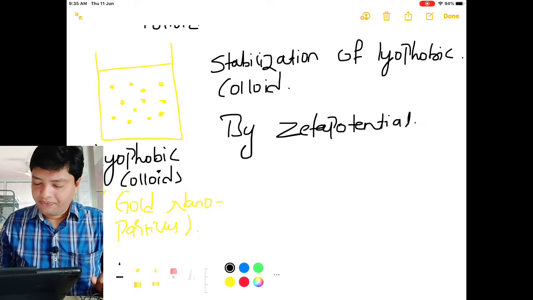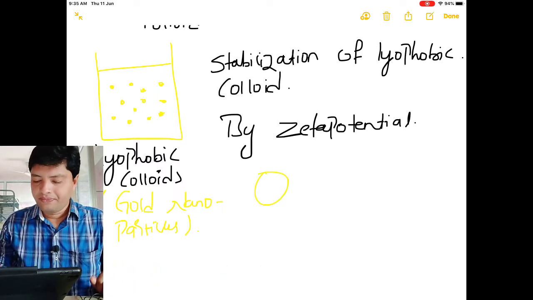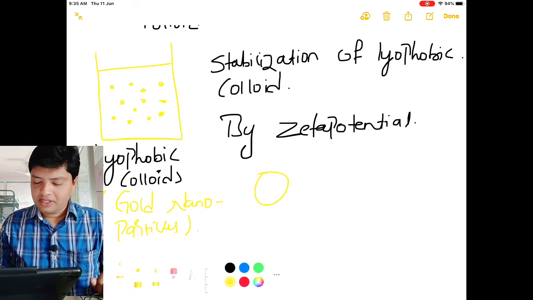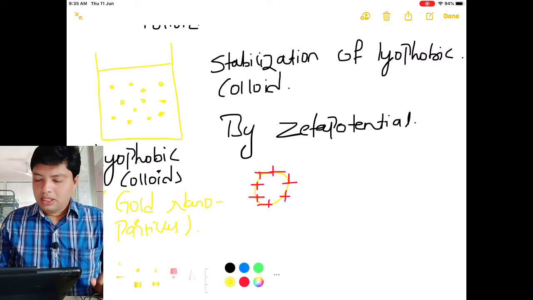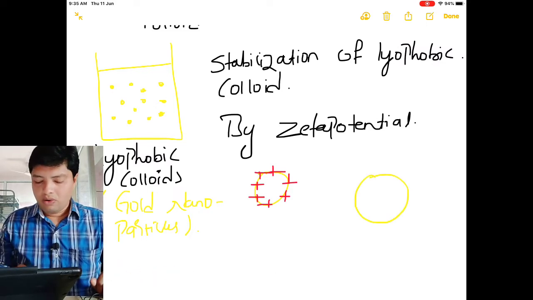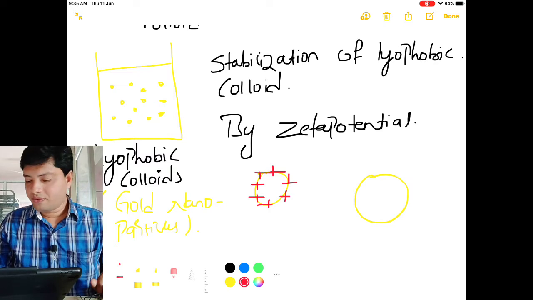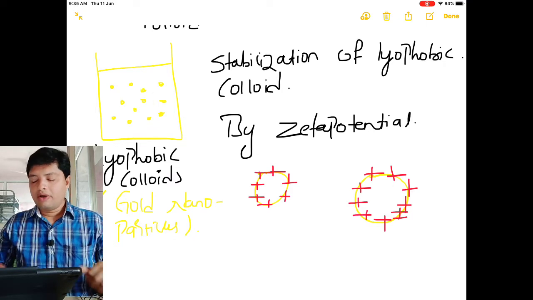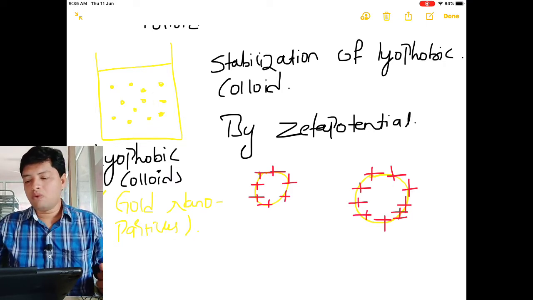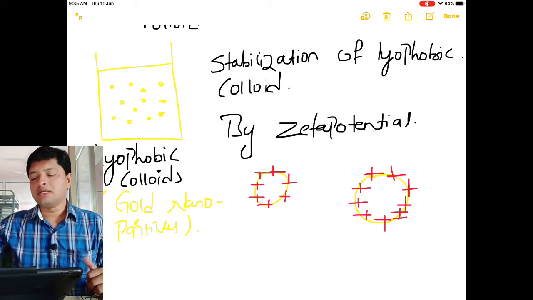For example, assume that this is one gold colloid. Its surface charge is, let's say, positive. Likewise, assume another gold colloid, the same one. It also has a positive surface charge like this. Now, potential means intensity of charge.